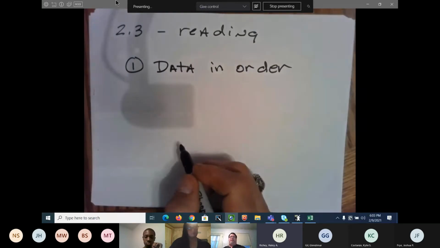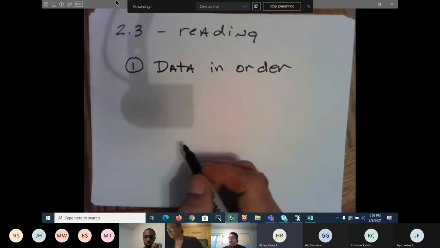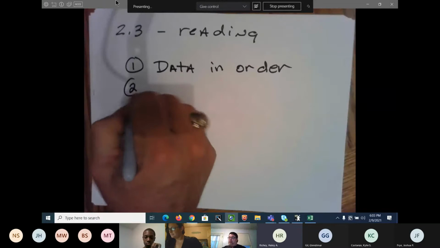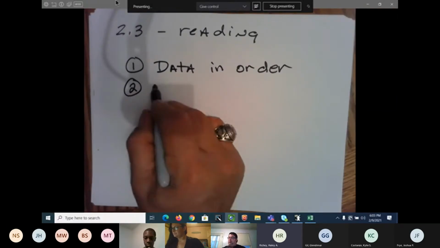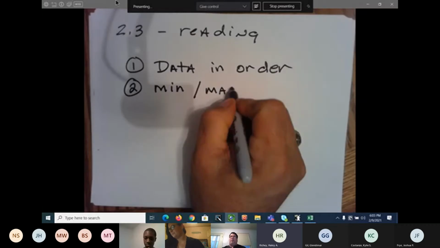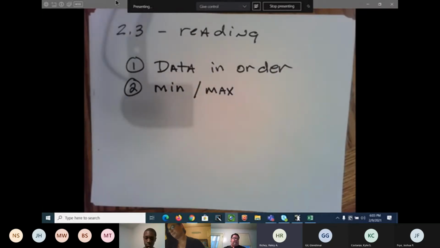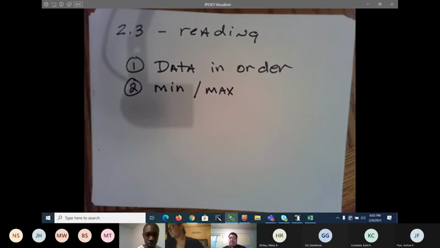And then after you put it in order, you start looking at the min and the max. Now, what is the min and the max? What's another word for the min? The lowest number. Find the lowest number. And what's the max? The highest number. So that equals.